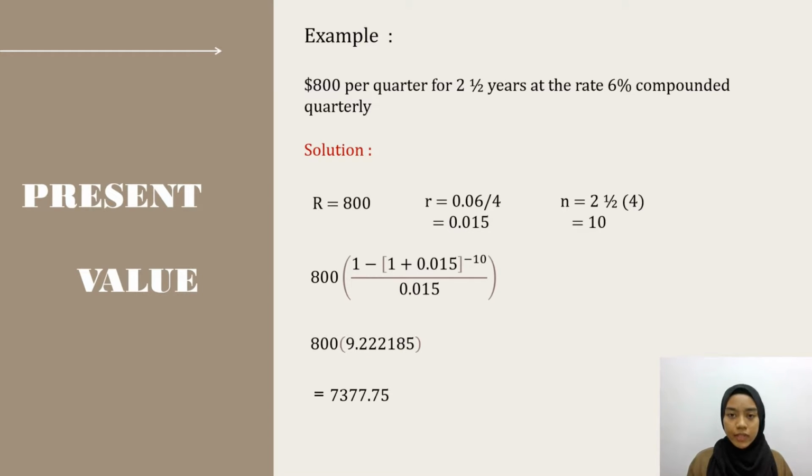Here we need to divide by 4 because it's compounded quarterly, and our n is 2.5 multiplied by 4 and we get 10. Here we need to multiply by 4 because it's also compounded quarterly. So put it into the formula and we get 7377.75. This is our final answer. This is the present value of an annuity.